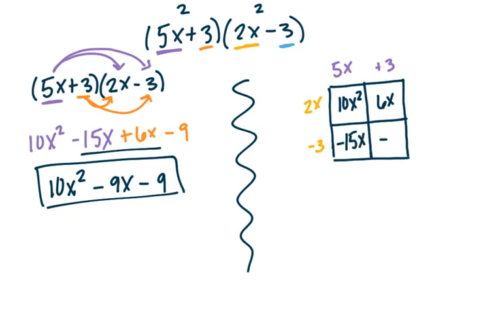And then we get a negative 9 for that last box. Again, we are now adding up each of these little boxes to get the area of the whole thing. So we're combining like terms where we can. Again, we can combine these two because they're both x's. So our final answer should be 10x squared minus 9x minus 9.